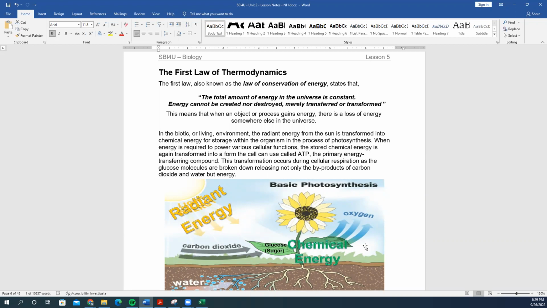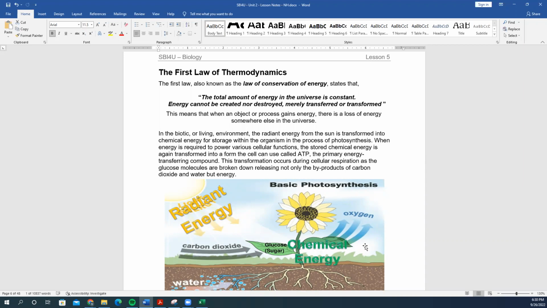It's absolutely constant, and that energy can't be created or destroyed; it can merely be transferred or transformed from one form to another. In layman's terms, it means that when an object gains energy, there must be a loss of energy somewhere else in the universe. That's basically what it comes down to, put in very plain, simple language.